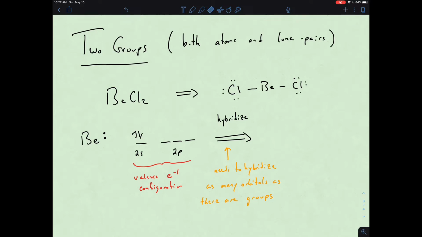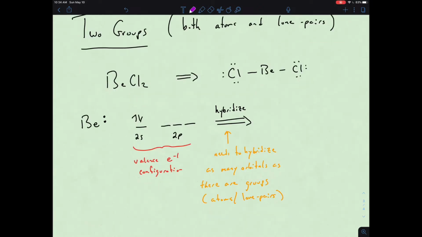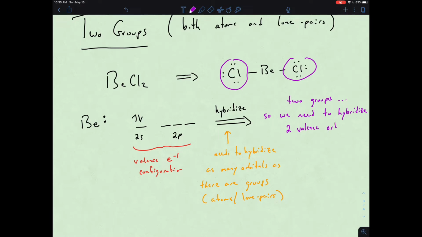And maybe we should be a little bit more specific, with those groups being atoms or lone pairs. If we look above, we see we have two groups. So we need to hybridize two of those valence orbitals.